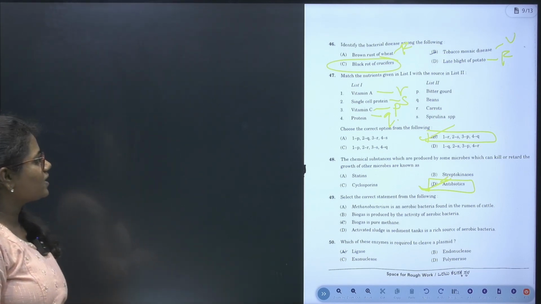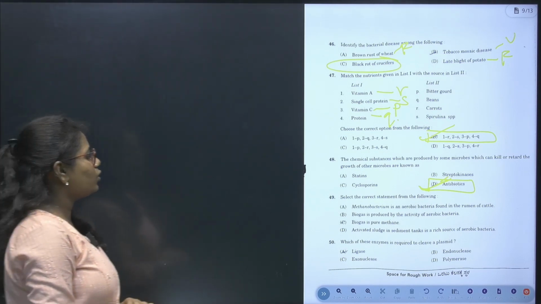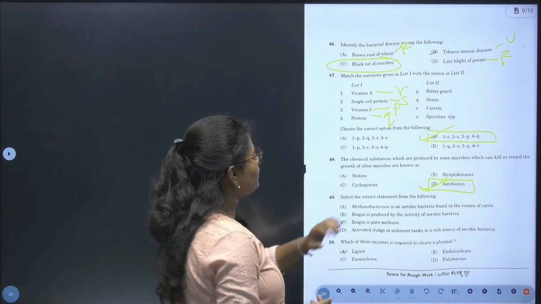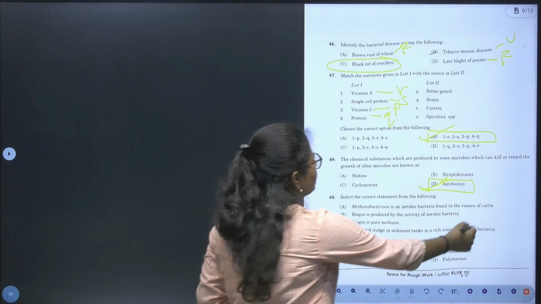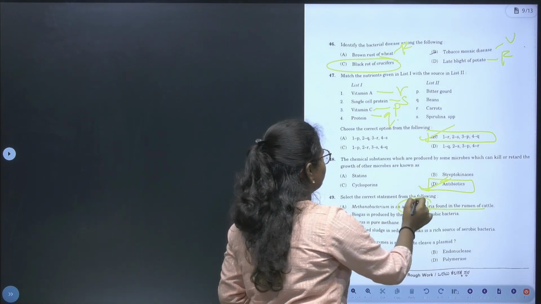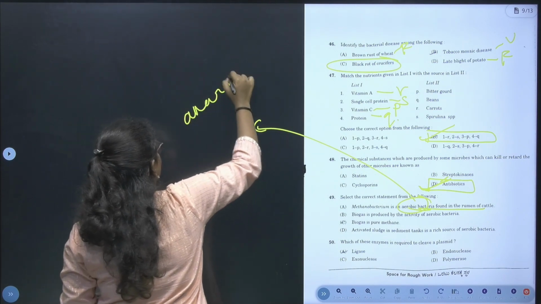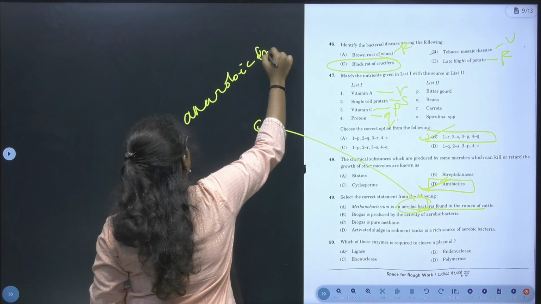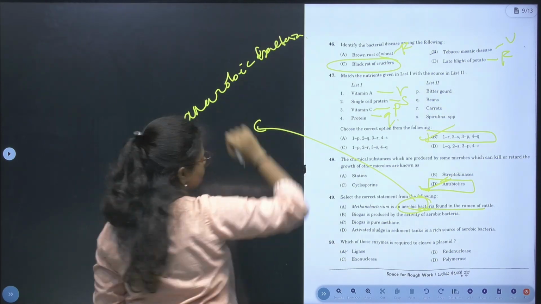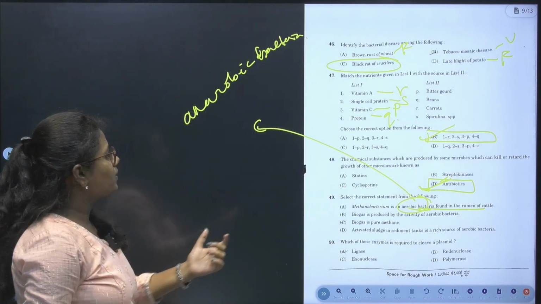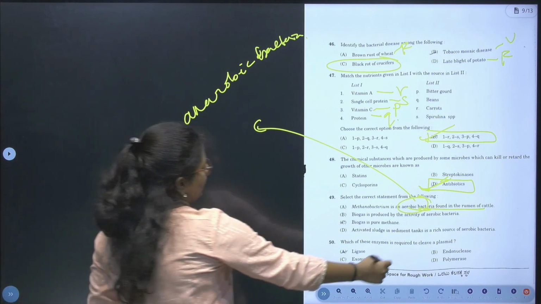Select the correct statement from the following. Methanobacterium is an aerobic bacteria found in rumen of cattle. No, we know that methanobacterium is an anaerobic bacteria. Biogas is produced by the activity of aerobic bacteria.